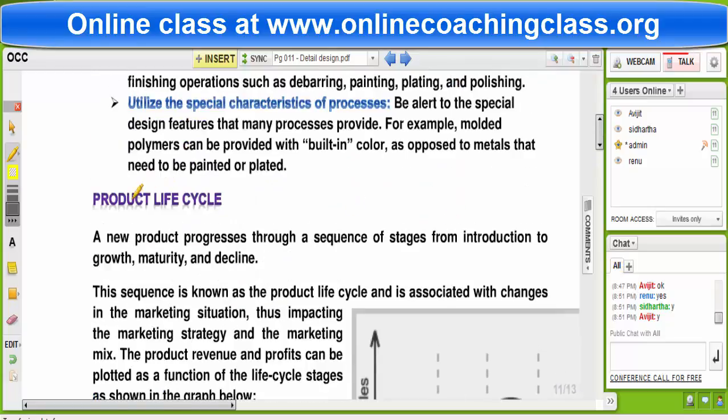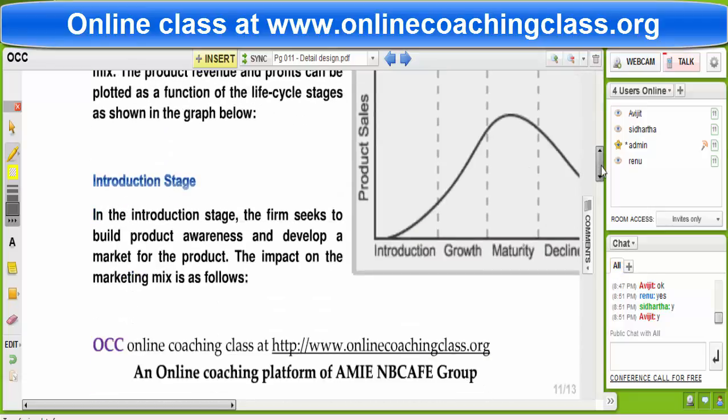Now the main thing is product life cycle. See, every product has a certain life. A new product progresses through a sequence of stages from introduction to growth, maturity, and decline. See this graph.